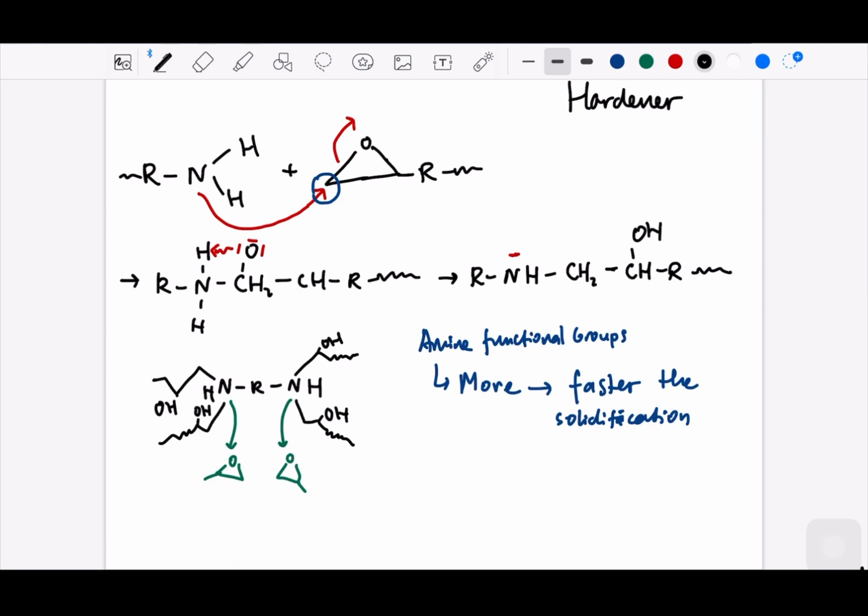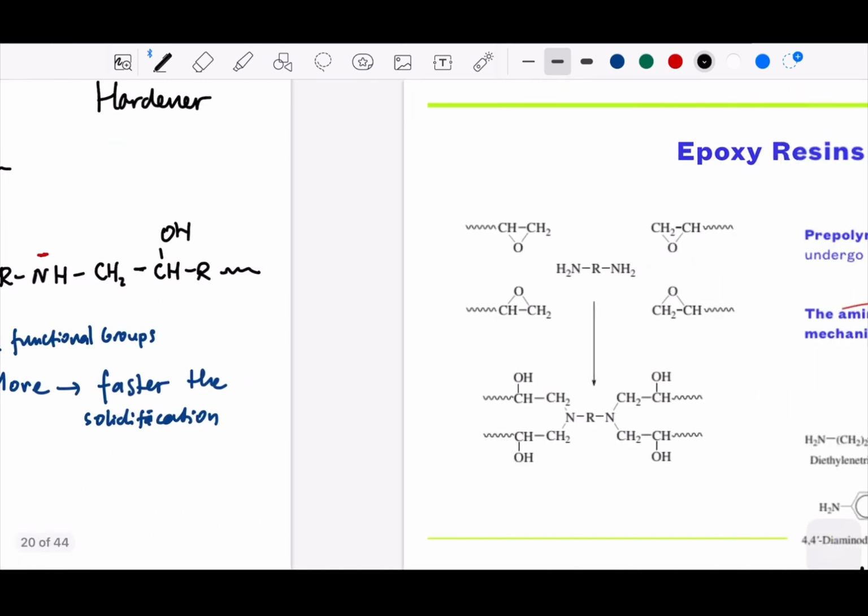Okay, so the idea is from this nitrogen attacking this site that is prone to nucleophilic attacks, and then it opens the triangle, and then the chain comes up to the nitrogen. And it goes through this part here.